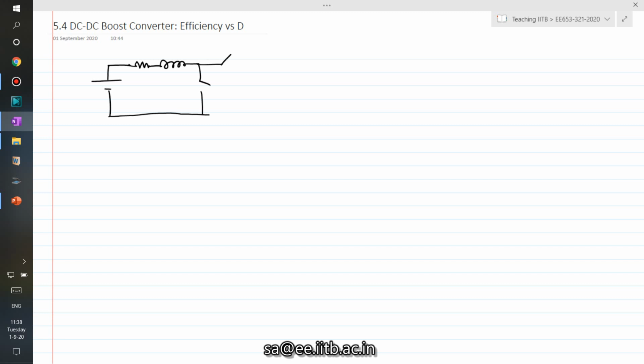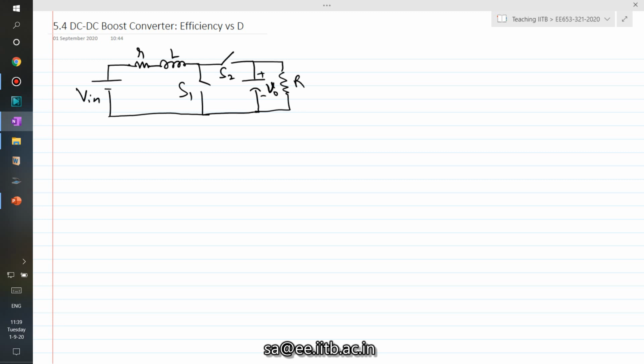There are obviously other non-idealities which I am neglecting at this point for simplified calculations. So you have the load resistance, you have a series inductor resistance, which signifies the losses happening. There's an inductor, there's switch S1, there's switch S2. This is the input voltage and this is the output voltage.